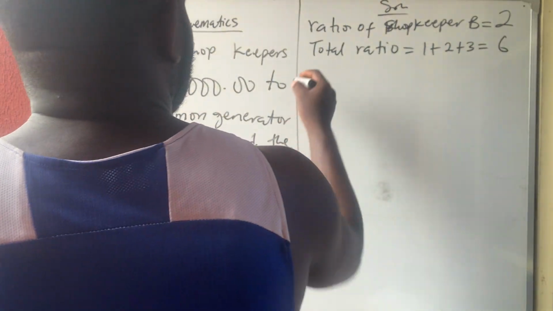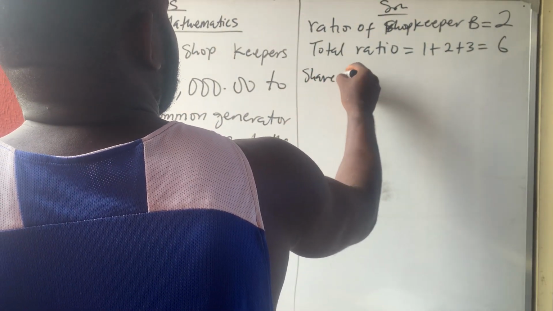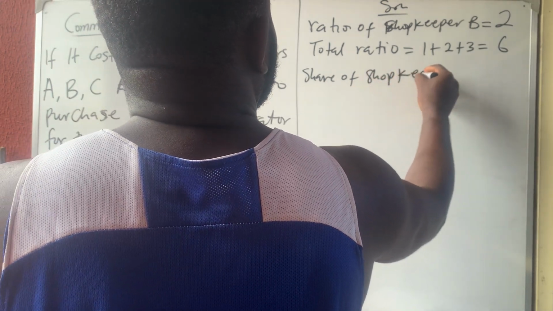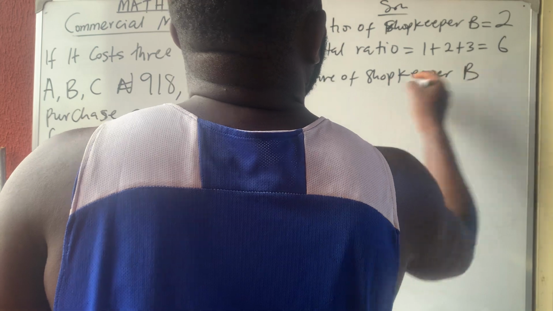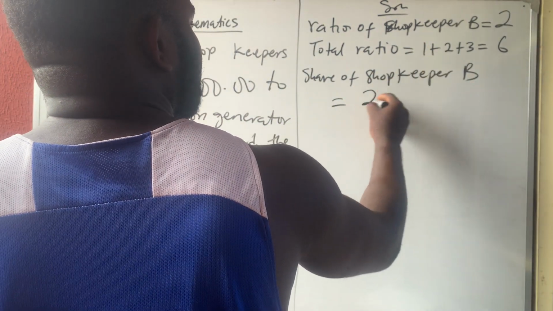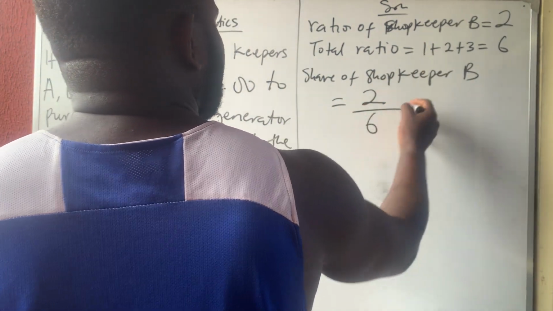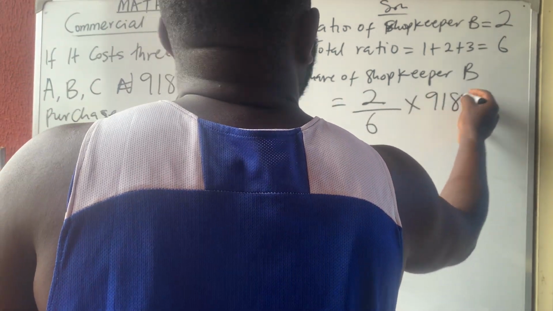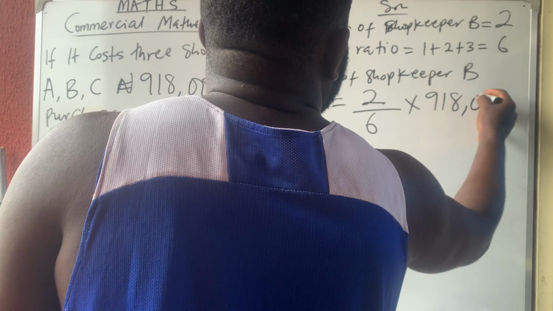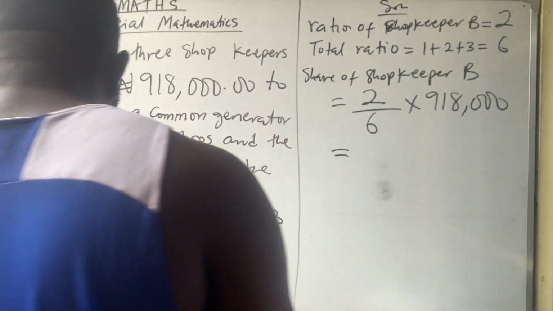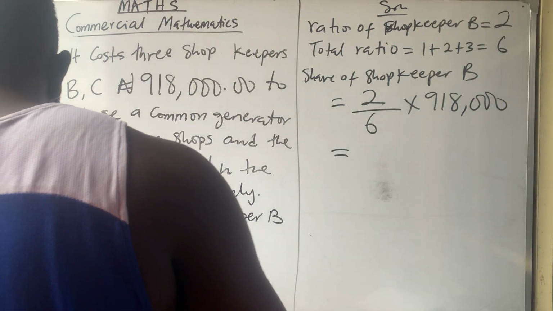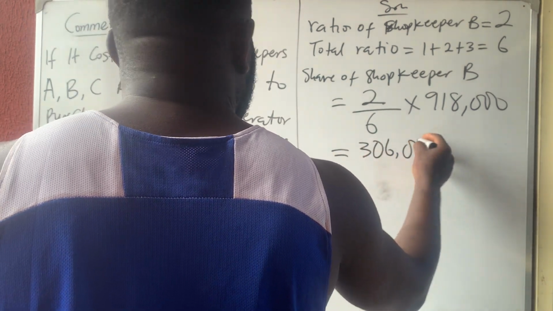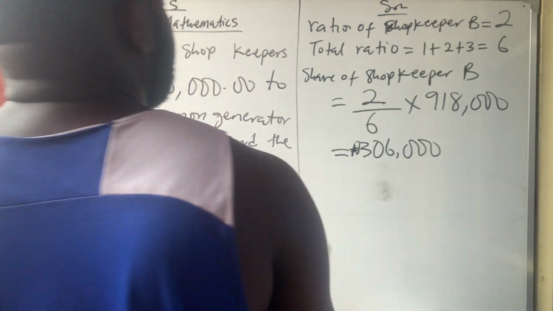So the share of shopkeeper B will be equal to the ratio of shopkeeper B over the total ratio, times the amount of money they are sharing, 918,000. If you multiply and divide by 6, his own share is 306,000 naira. Very, very simple.